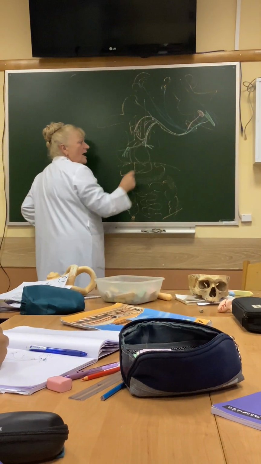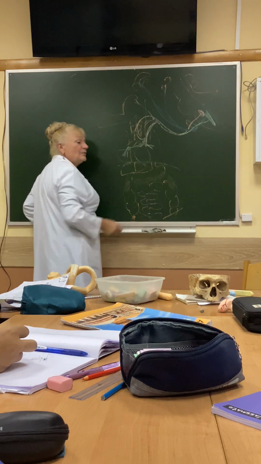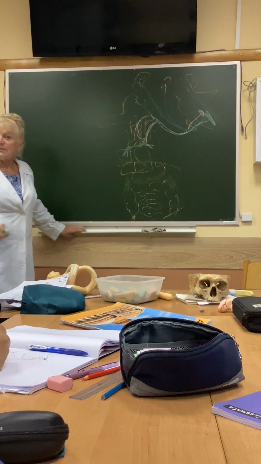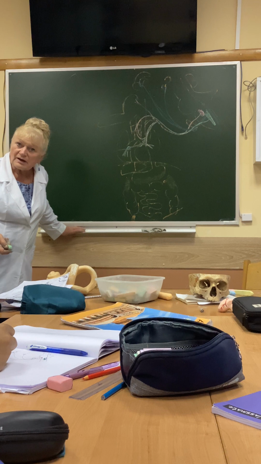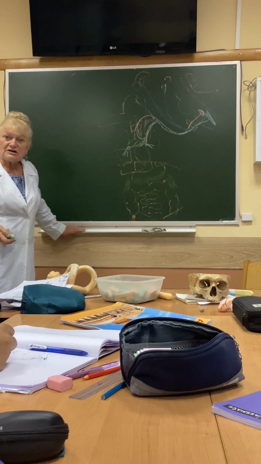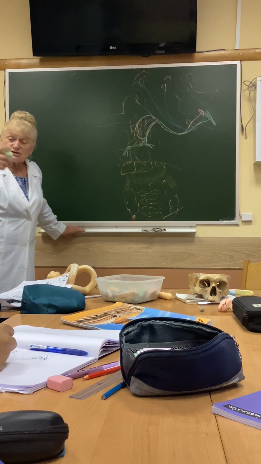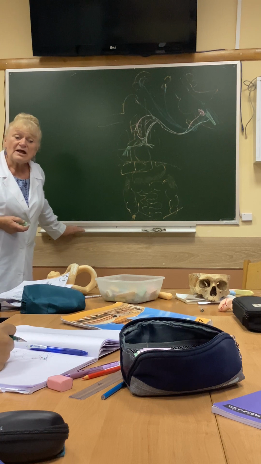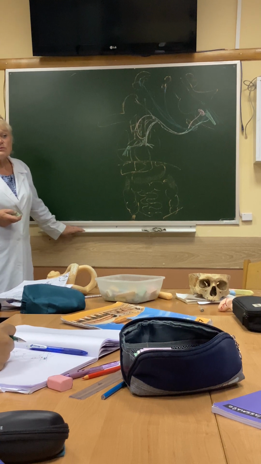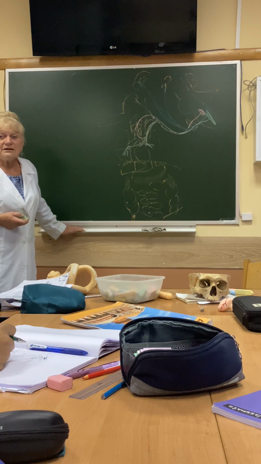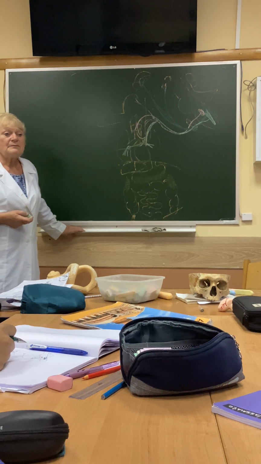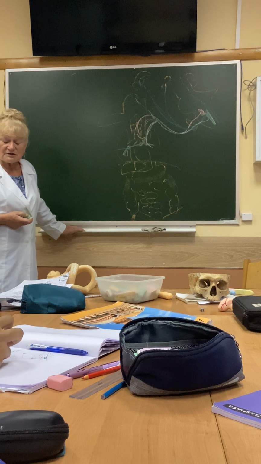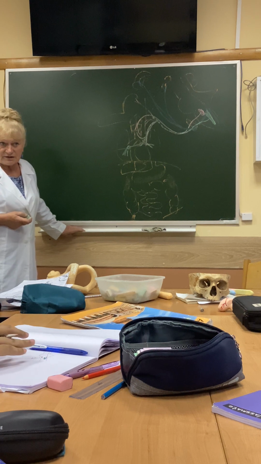But for the heart, we have two groups of ganglions, about which I informed you. Do you remember? We have extra-organal ganglions, which divide into superficial and deep. And we studied with you the intra-organal ganglions, which are placed between epicardium and myocardium, between layers of the myocardium, and between endocardium and myocardium.